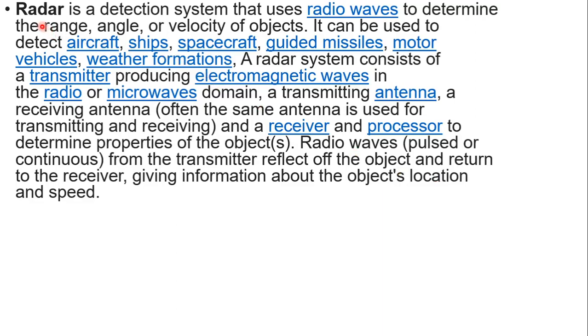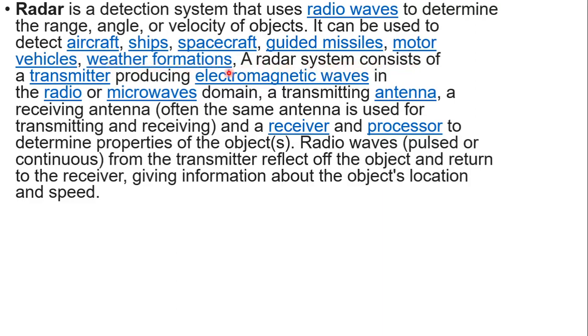Radar is a detection system that uses radio waves to determine the range, angle, or velocity of objects. It can be used to detect aircraft, ships, spacecraft, guided missiles, motor vehicles, and weather formations.